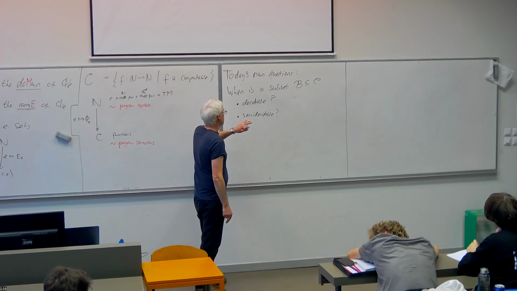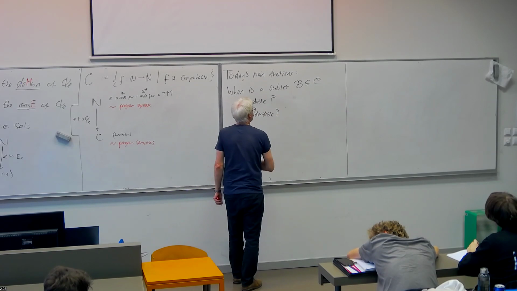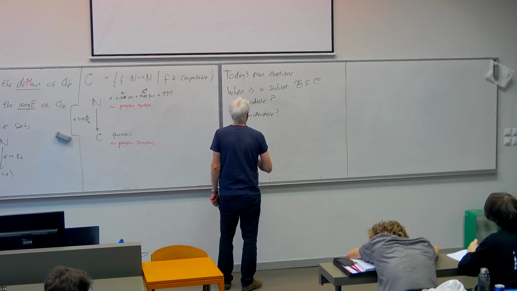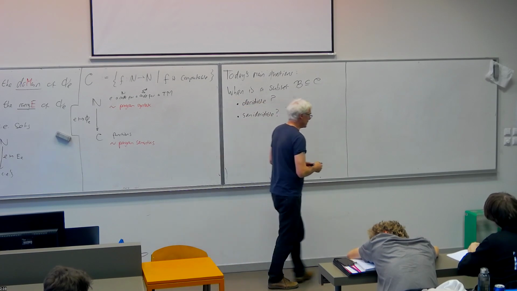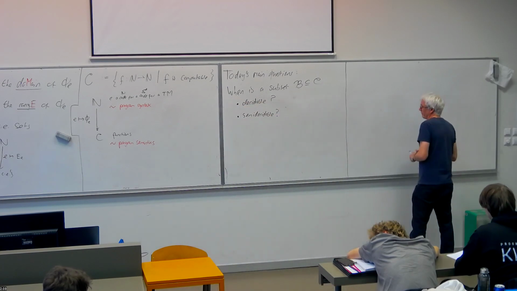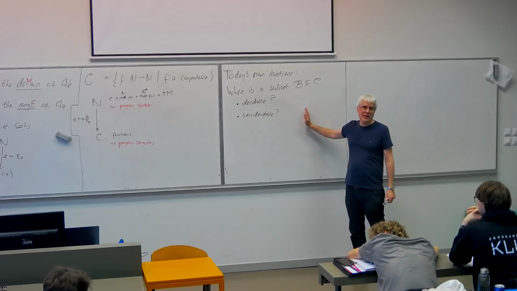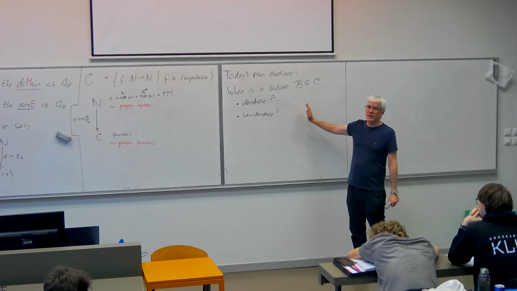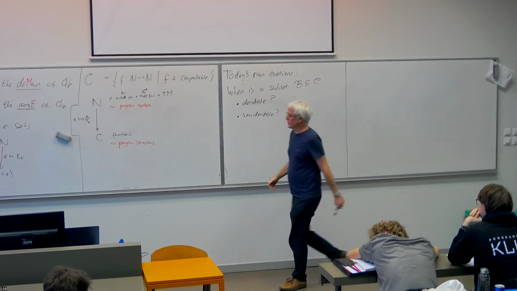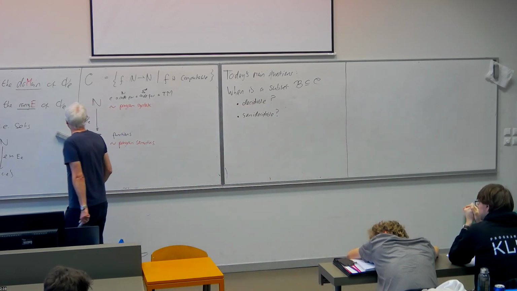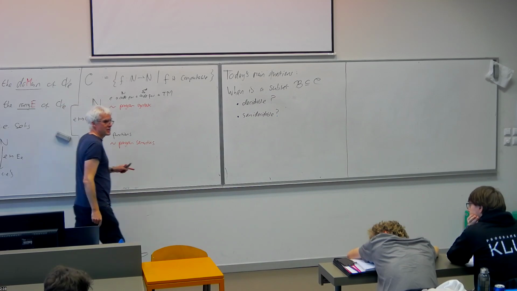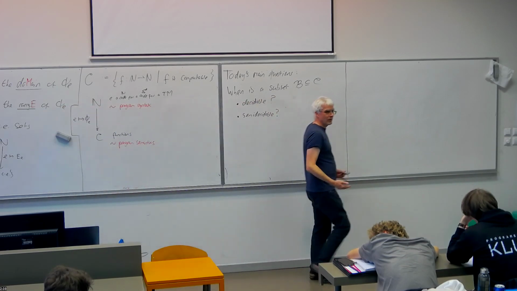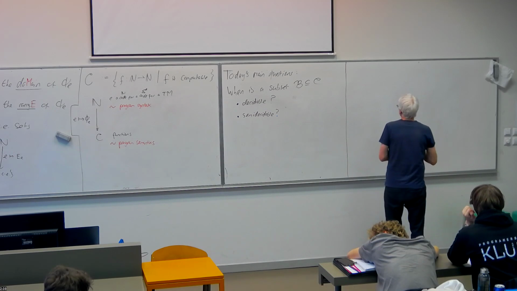Okay, so we've got a subset of computable functions. We want to say what it means to be decidable or semi-decidable. We have the general definition from lecture 3 on representations, adapted to the case of this particular representation. Let me just tell you what that means in this case.